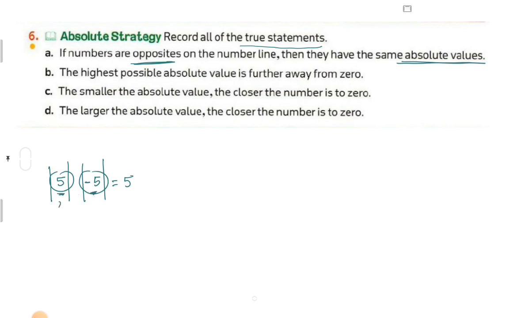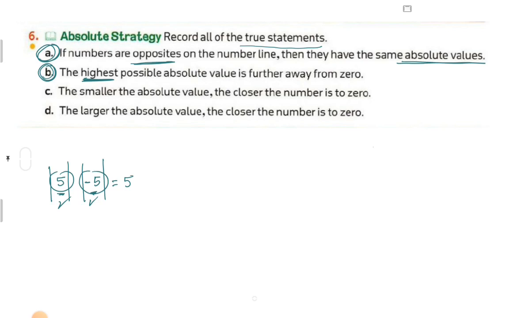We have here 5 units to 0. Here we have 5 units to 0. Okay, this is a true statement. The highest possible absolute value is further away from 0. Of course, that's right.